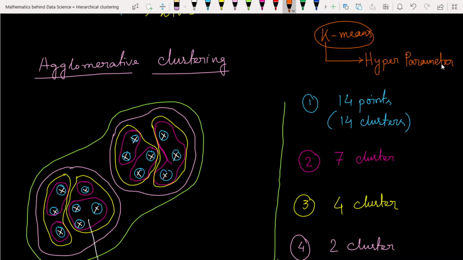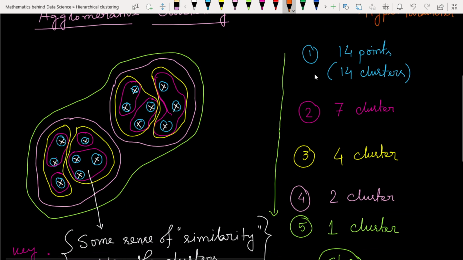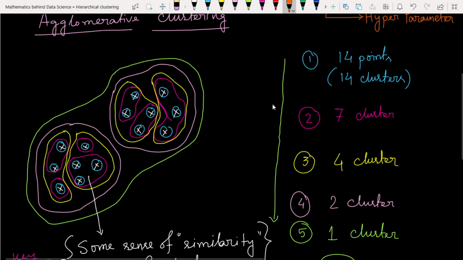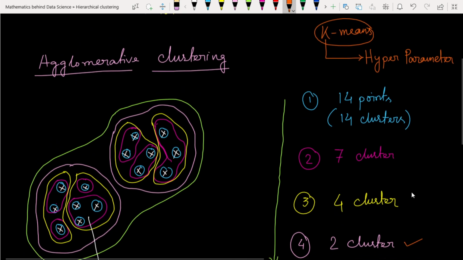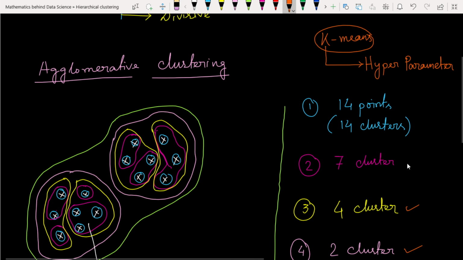But here, one advantage of agglomerative clustering is that there is no hyperparameter. If you want two clusters, then just stop here. Don't need to progress to the next step. If you want 4 clusters, stop here. If you want 7 clusters, stop here.